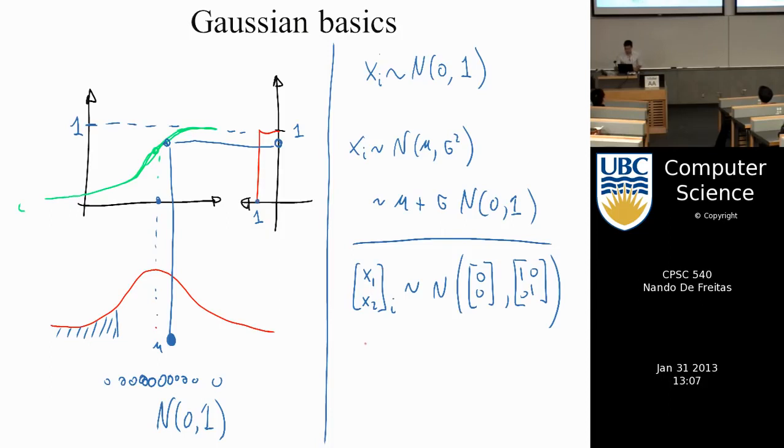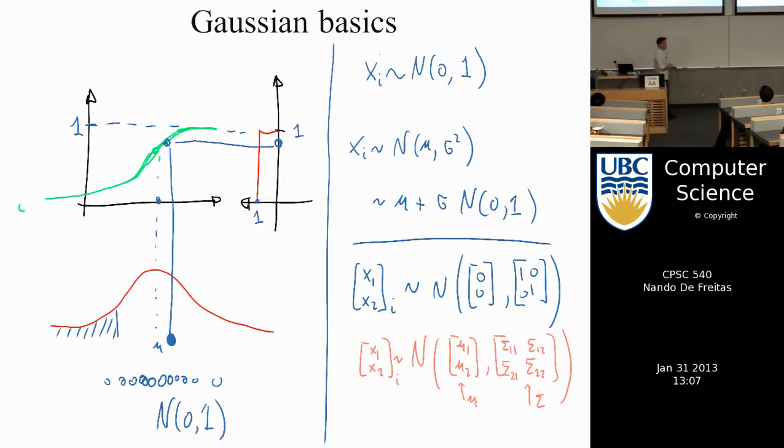Finally, if I want to now draw the vector x1, x2 from a multivariate Gaussian that has an arbitrary mean, mu1, mu2, and an arbitrary covariance, sigma 1, 1, sigma 1, 2, sigma 2, 1, sigma 2, 2. Let me call this matrix sigma, and let me call this vector mu for simplicity.